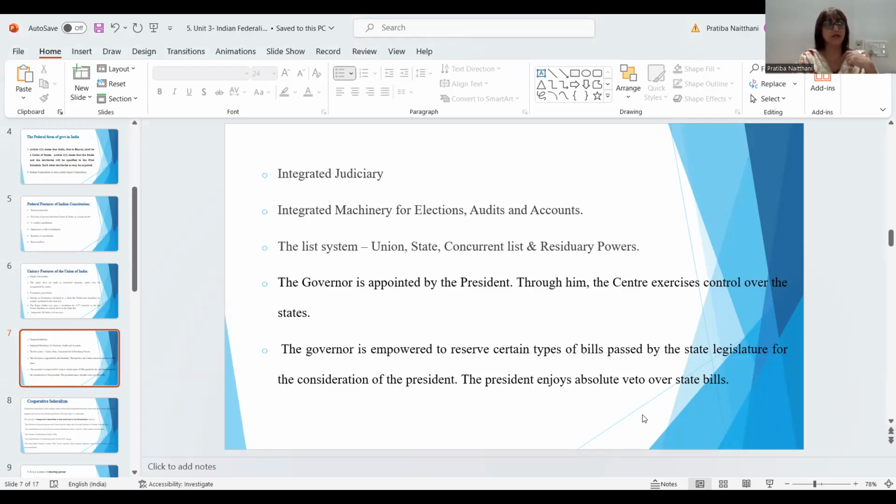So that means the NJAC will be under the control of the politicians, because the Prime Minister is a politician, Union Law Minister is a politician, leader of opposition is a politician. This was against the principle of natural justice. This was against the principle of independence of judiciary.